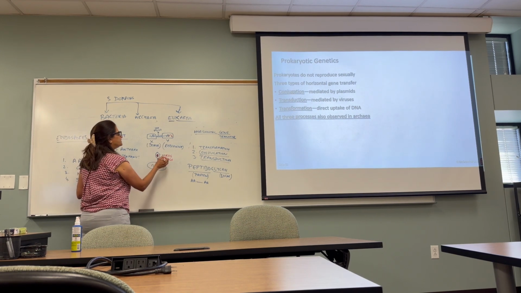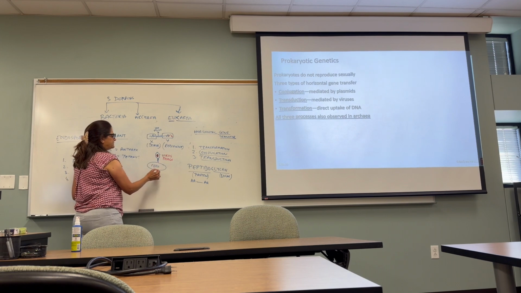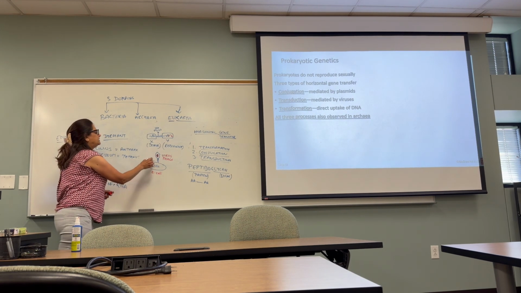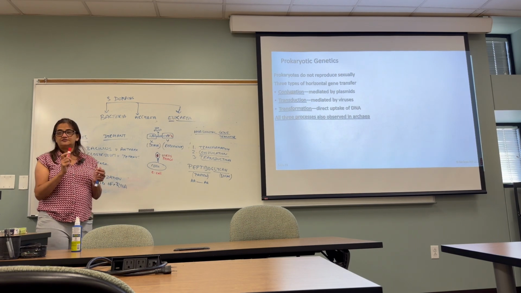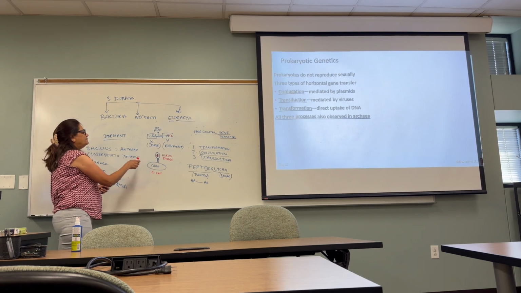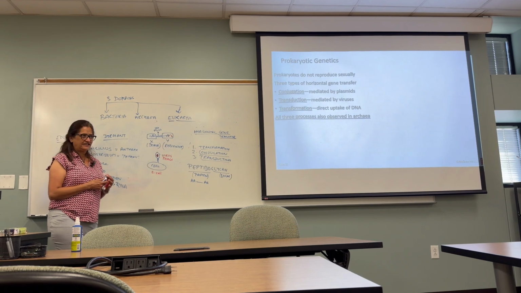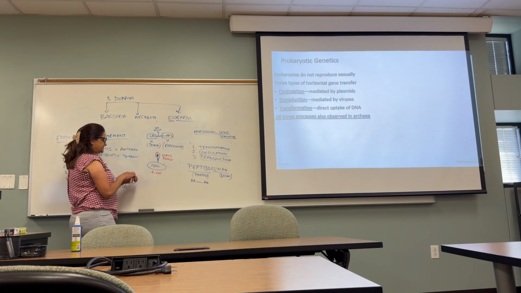Make sense? So it's a phage, and let's say this is a bacterium called E. coli. It will be a specific bacteria for a specific phage. The virus will come and attach to the surface of the bacteria. It will inject its DNA.